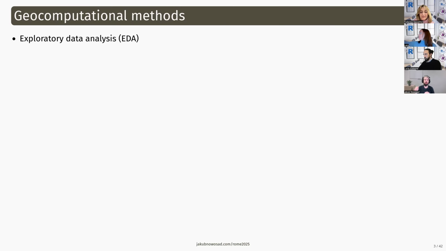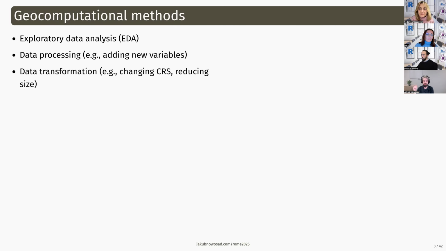So we want to look at, for example, if our coordinates are correct, if our data that should be, for example, in Germany is not by accident showing up in South America or the other way around. Then we try to process our data, maybe clean that data a little bit, maybe add some variables, maybe connect some information together. Then we have some specific data transformations that are related to spatial data.